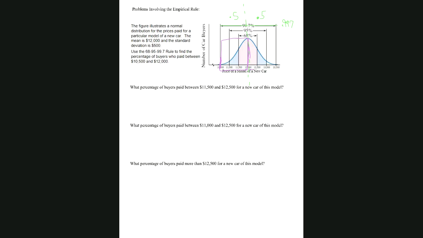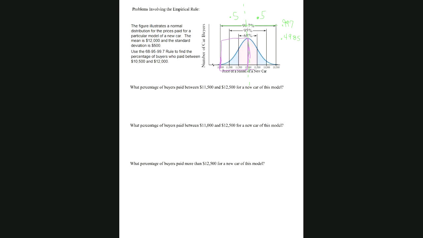So what I'm going to do is divide 99.7 or 0.997 by 2, and I get 0.4985.